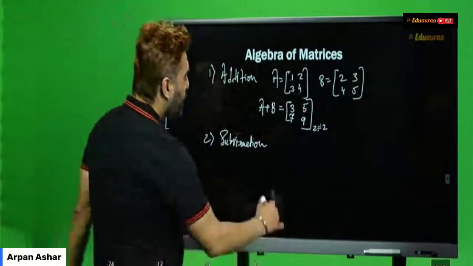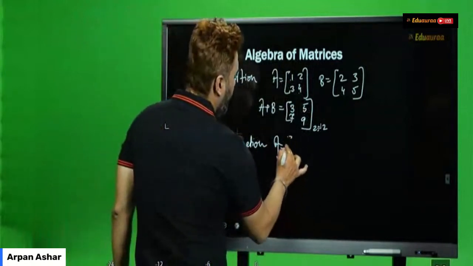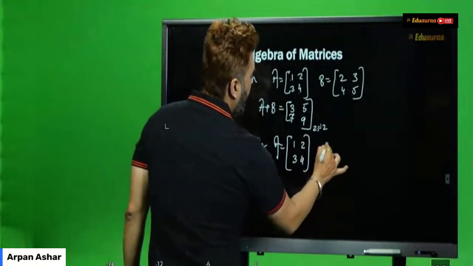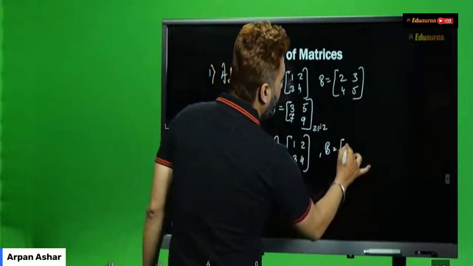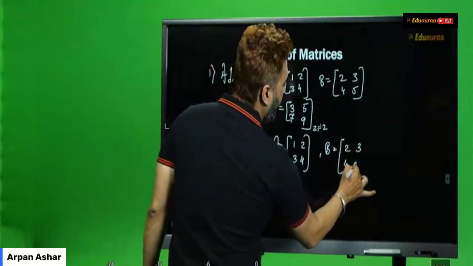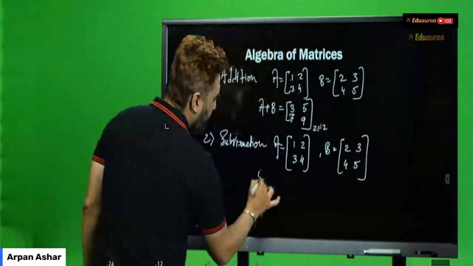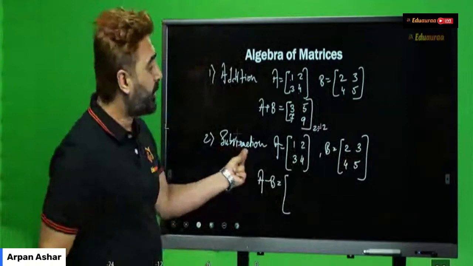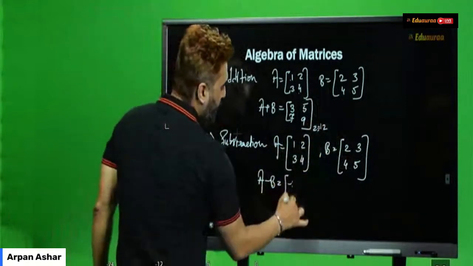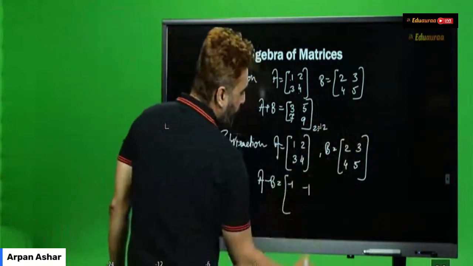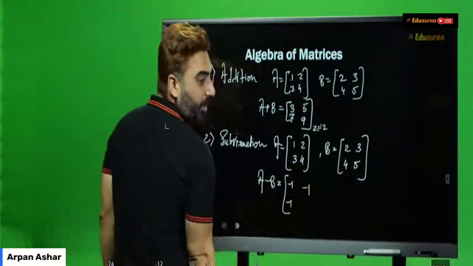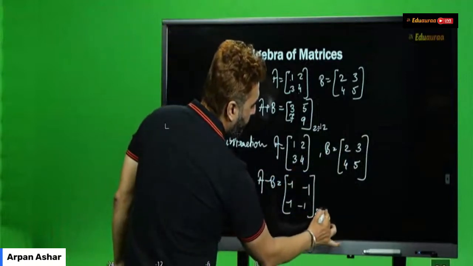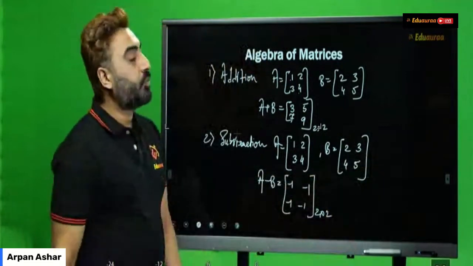Corresponding elements. So let's say A is equal to 1 2 3 4, B is equal to 2 3 4 5. So what will A minus B be here? Now A minus B, we have to subtract corresponding elements. 1 minus 2 is minus 1, 2 minus 3 is minus 1, 3 minus 4 is minus 1, 4 minus 5 is minus 1. And this is how we subtract two matrices.